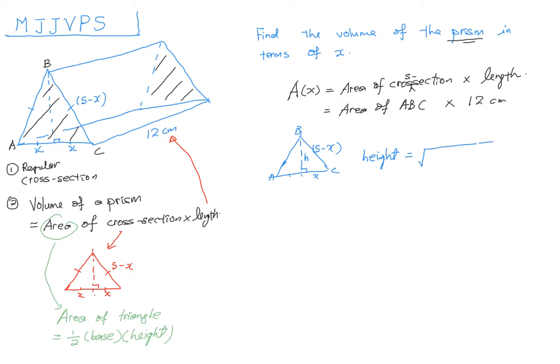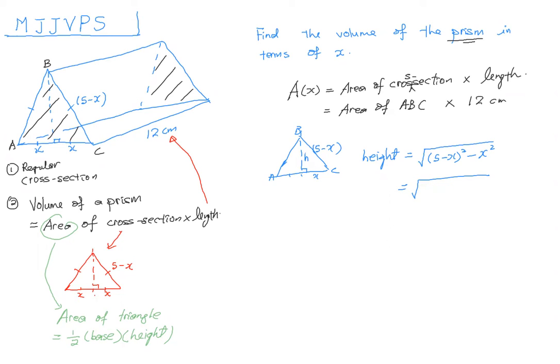Right? So 5 minus X squared, the longest minus the shortest squared. So you expand. Sorry, how to expand this?